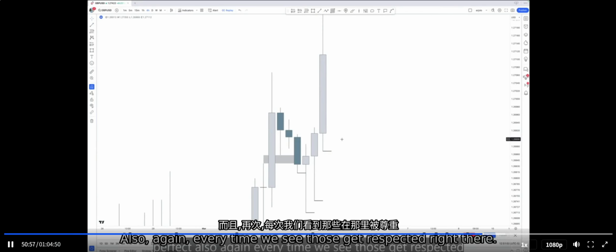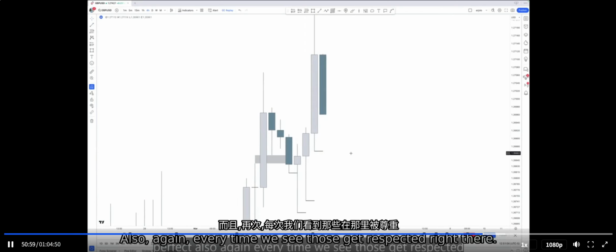So the next candle should be respected right there. Perfect. Next candle right there. Perfect. Also, again, every time we see those get respected right there. And that's exactly what we are looking at when we expect a sweep of a previous candle low.